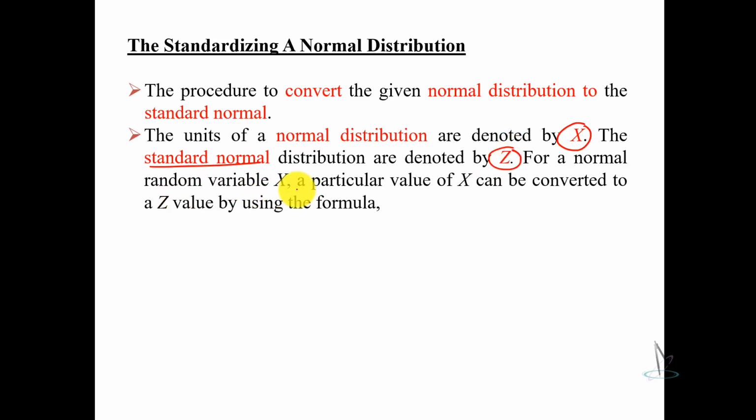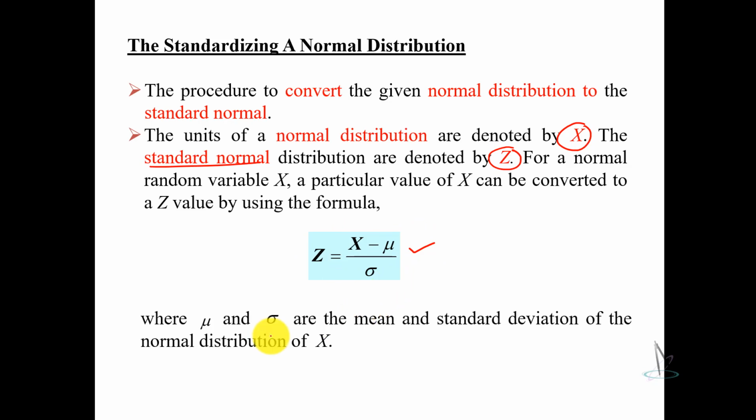For a normal random variable x, a particular value of x can be converted to a z value by using the formula. In order to convert from x to z, we use z is equal to x minus mu over sigma, where mu and sigma are the mean and standard deviation of the normal distribution of x.